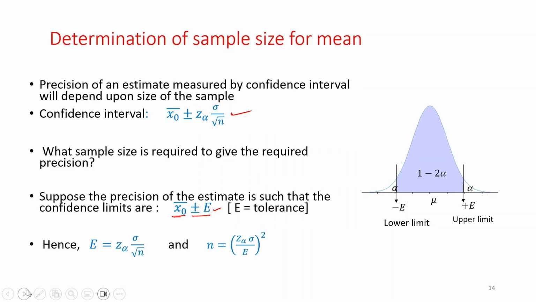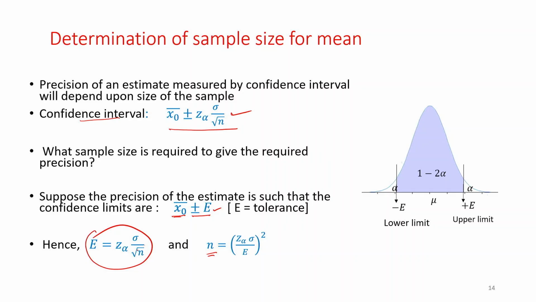If it is so, then E becomes this. See, the interval is this much, and the plus minus part that we see here becomes my E. That is my tolerance. From there, I can find out what should be the sample size, small n.